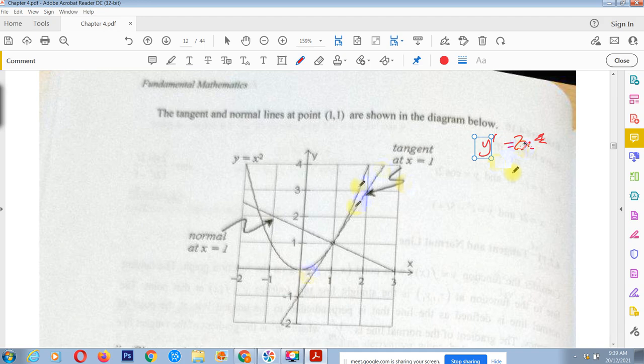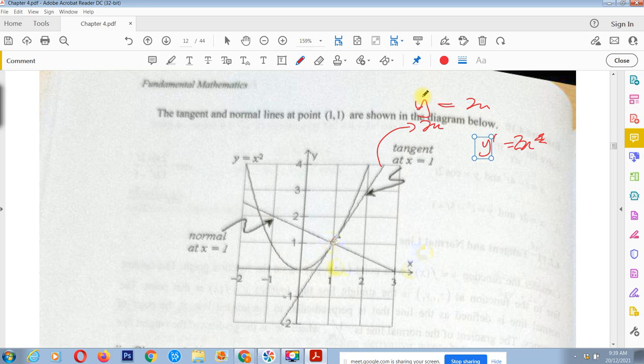So y equals 2x. We just know the point which is the intersection with the normal line is here.